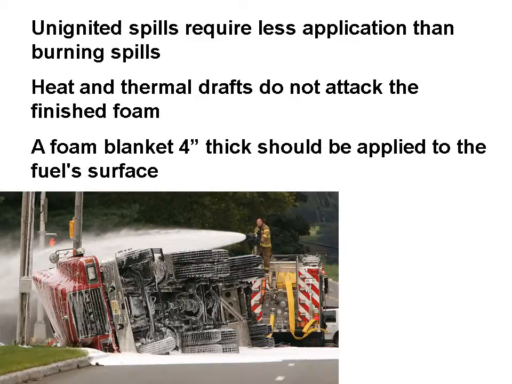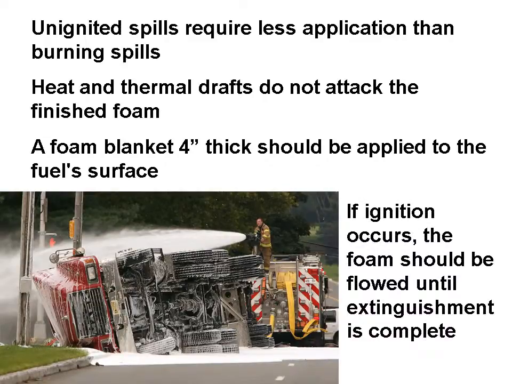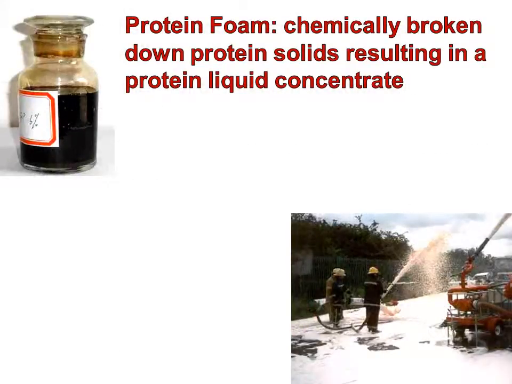A foam blanket 4 inches thick should be applied to the fuel surface. If ignition occurs, foam should be flowed until extinguishment is complete. Stopping and starting can allow the fire to consume the foam blanket in place. So once you start, and if it's on fire, just keep flowing until your fire's knocked down or completely out.